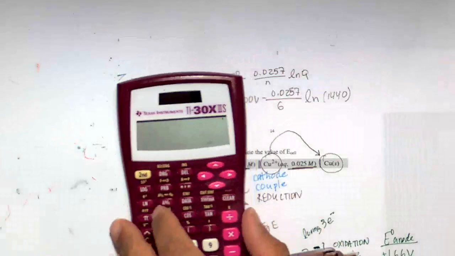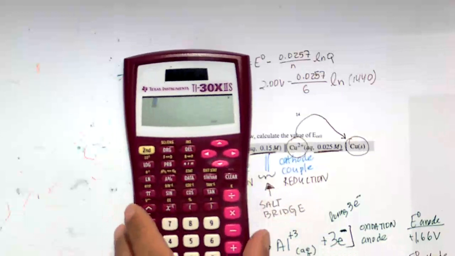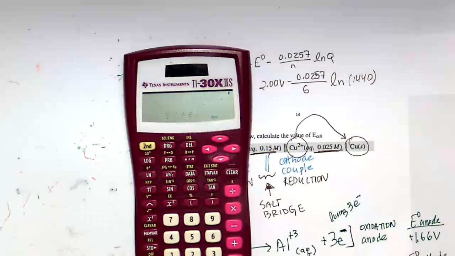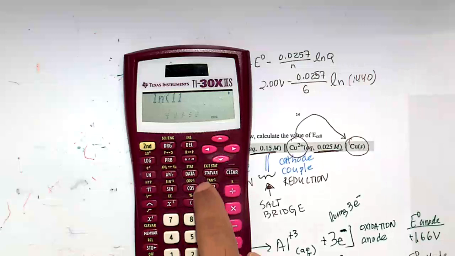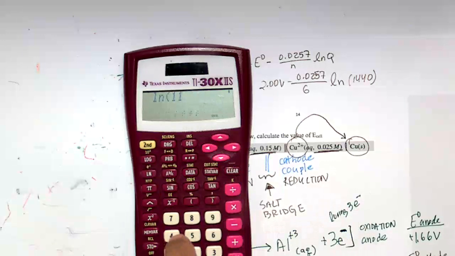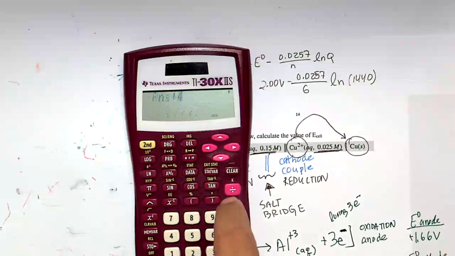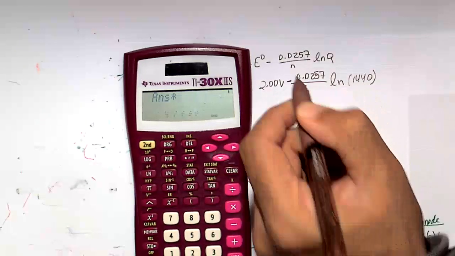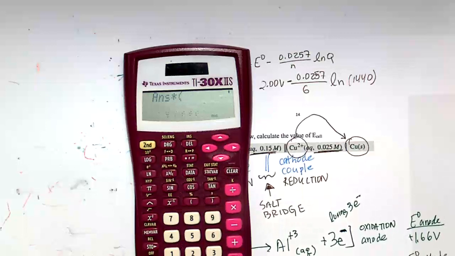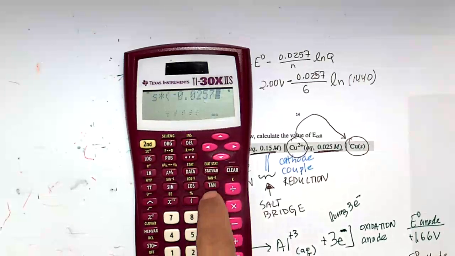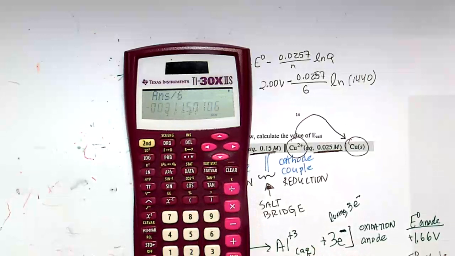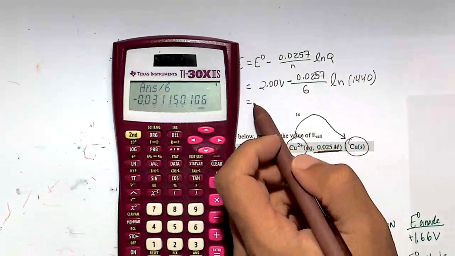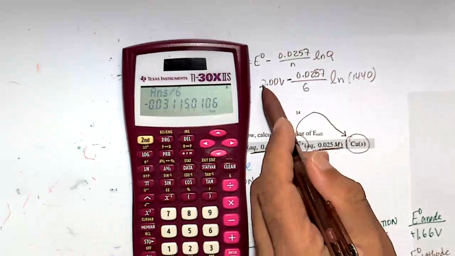All right, natural log of 1440 times a minus 0.0257 divided by 6, plus a positive 2.